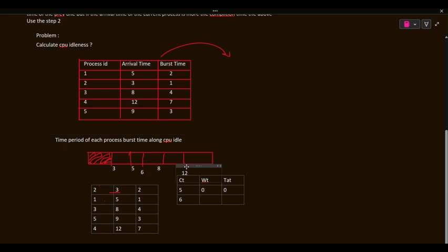Then at time t equal to 12, a process with process ID 5 has arrived already before the completion of this process, and the burst time of that process is 3. So the current time is 15. Let me draw a line at t equal to 15.